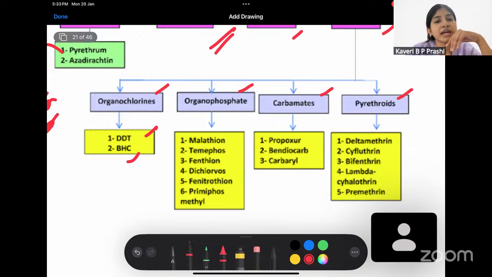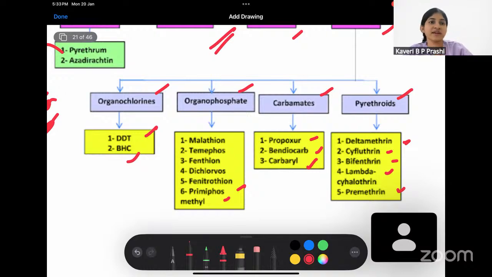Under organophosphates, OP compounds, you have malathion, temephos, fenthion, dichlorvos, fenitrothion, and pirimiphos-methyl. Under carbamates, you have propoxur, bendiocarb, and carbaryl. Under pyrethroids, you have deltamethrin, cyfluthrin, bifenthrin, lambda-cyhalothrin, and permethrin.